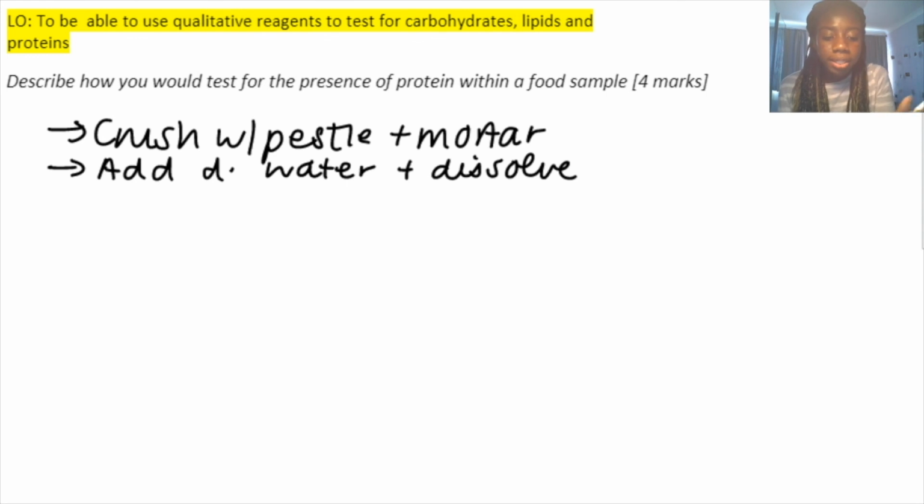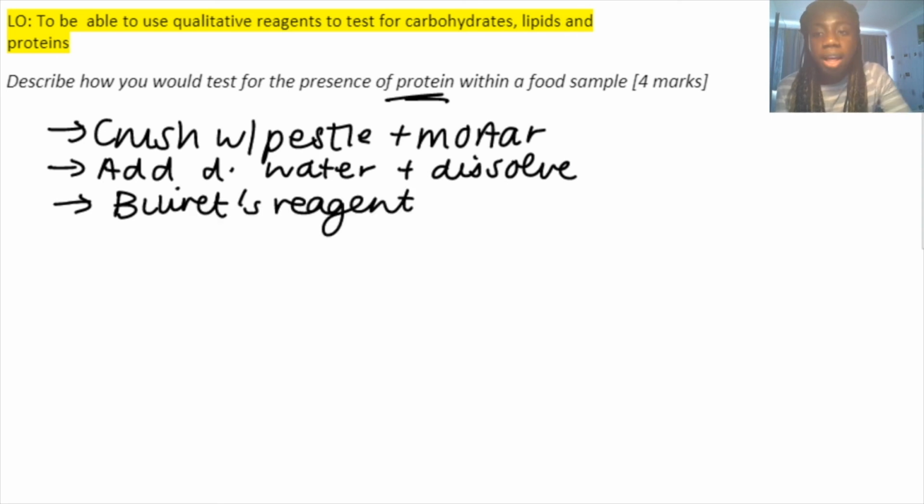Then, because we're testing for proteins, we need to think of the relevant reagent for that test, which is going to be Biuret reagent. Then finally, we need to indicate what a positive test would look like. So Biuret reagent is blue, and if protein is present, our solution is going to turn purple.